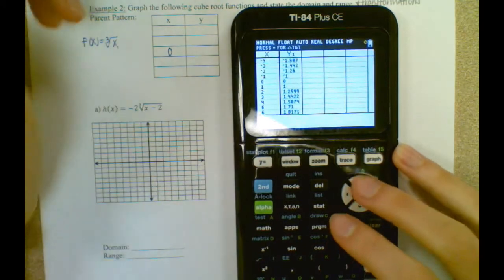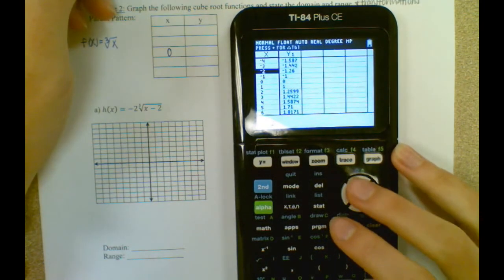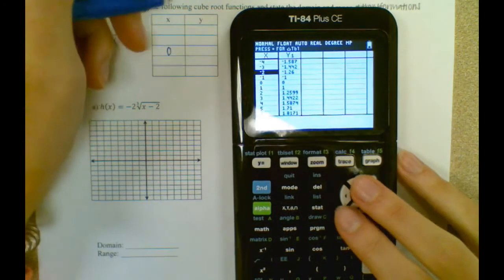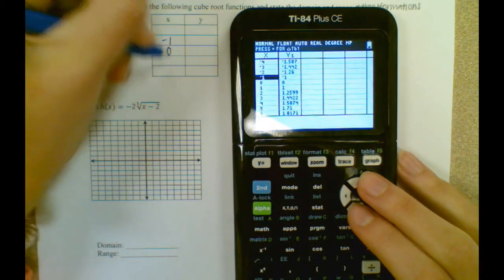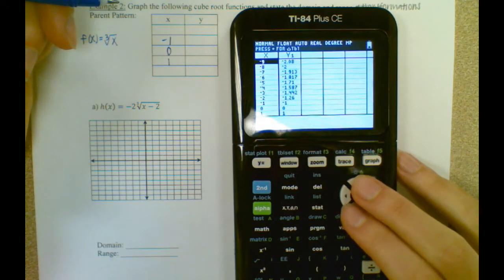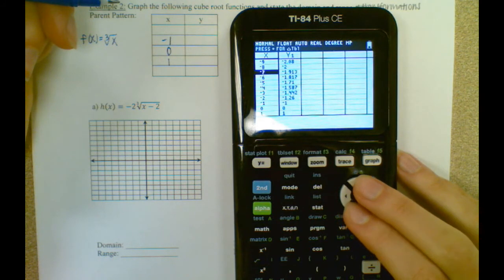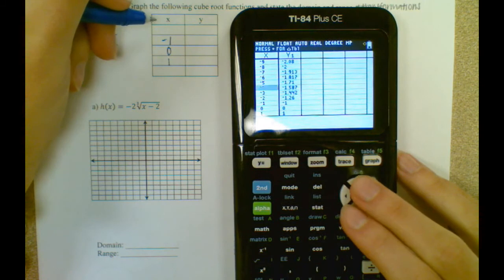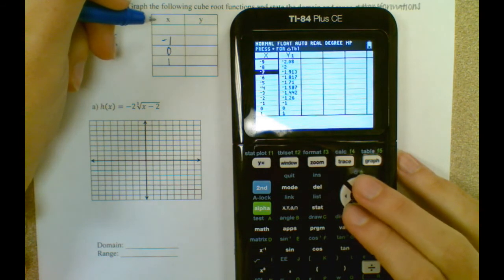So what are some pretty numbers from the parent function? It looks like we don't have any pretty numbers. So let's use -1 and 1. That might give us off the graph.